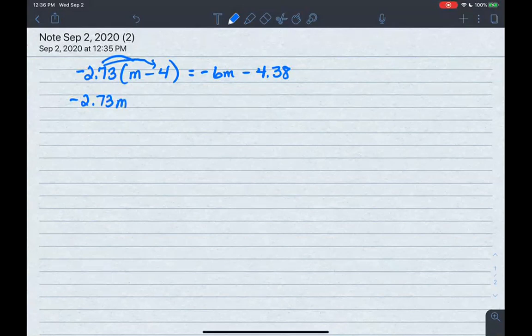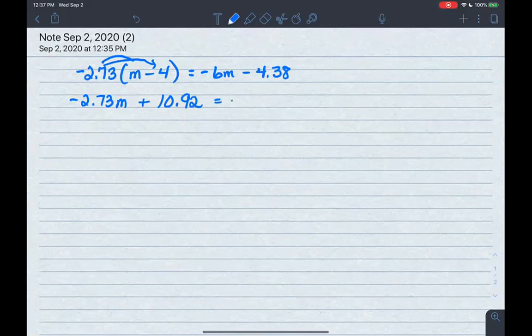And then the negative times the negative is going to be positive something. And somebody is going to tell me what 2.73 times 4 is. 10.92. Okay. Yep, that looks good.